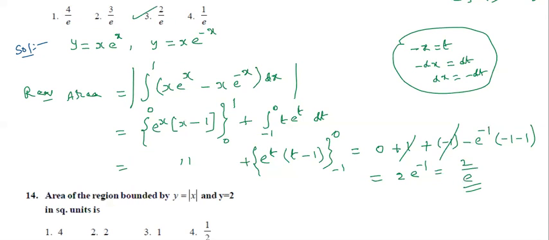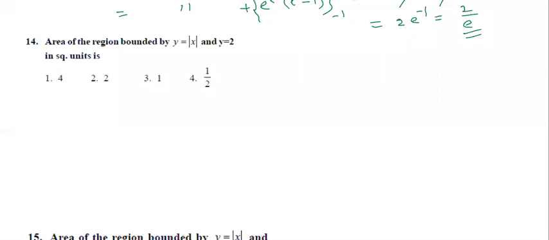Third option is correct. Area of the region bounded by y is equal to mod x and y is equal to 2. First see here, draw the diagram. Y is equal to mod x, this is a curve. And y is equal to 2, take here.